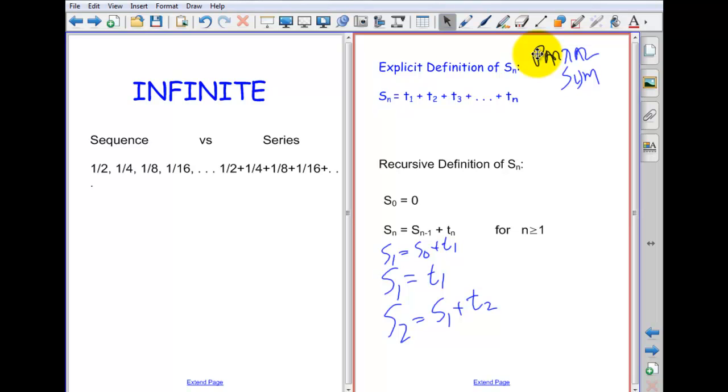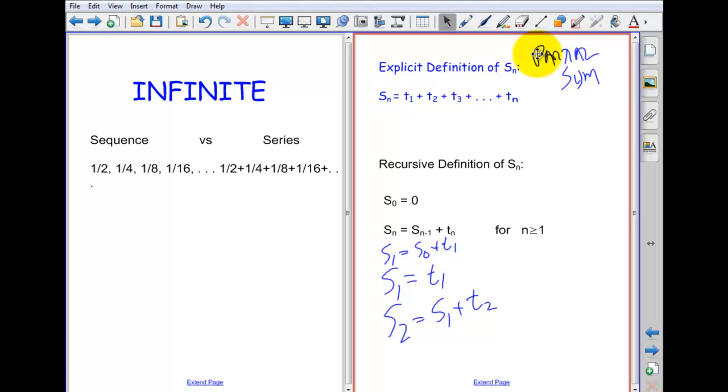Recursive implies that you're referring to a previous term to find the next term in the sequence. Explicit is when you just define it in terms of n. That's not what we're doing here. This is a recursive formula. We're referring back to a previous sum to quickly come up with the current sum.